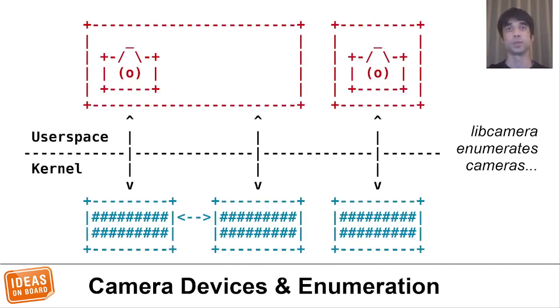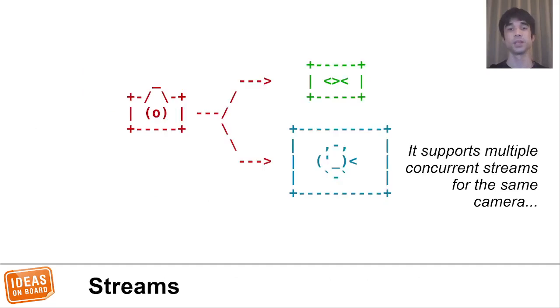One of the requirements for libcamera was that it had to be able to enumerate cameras and support using multiple cameras concurrently. Another is that it had to support multiple concurrent streams for each camera with different resolutions and formats. This way, an application can, for example, have a smaller resolution stream for preview while actually recording a higher quality stream, with both streams originating from the same camera.